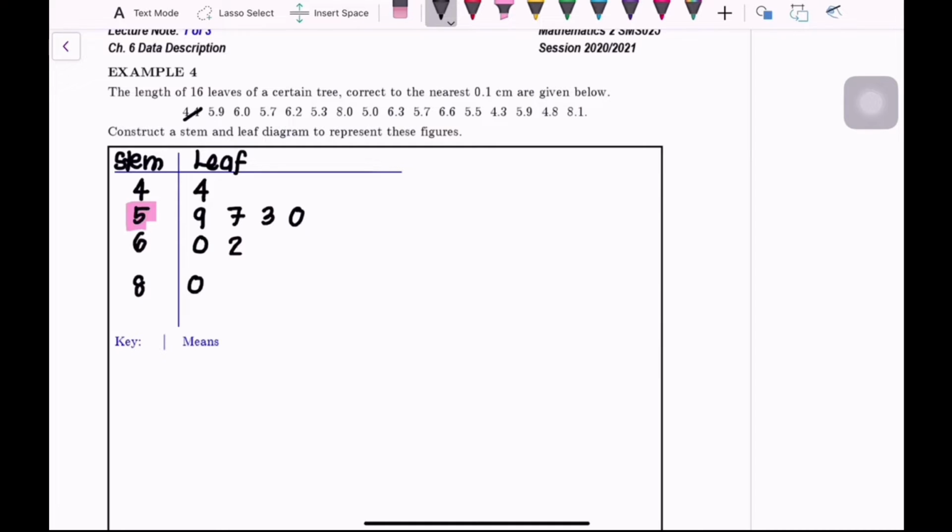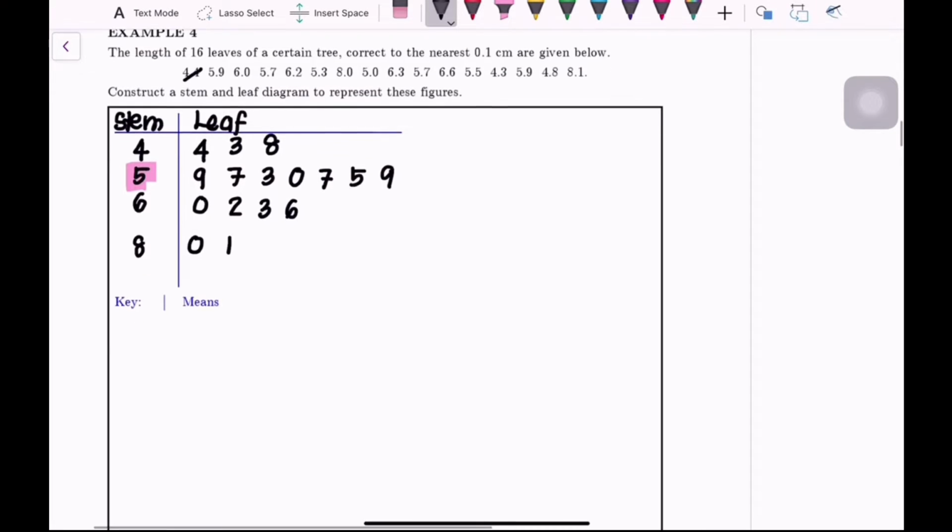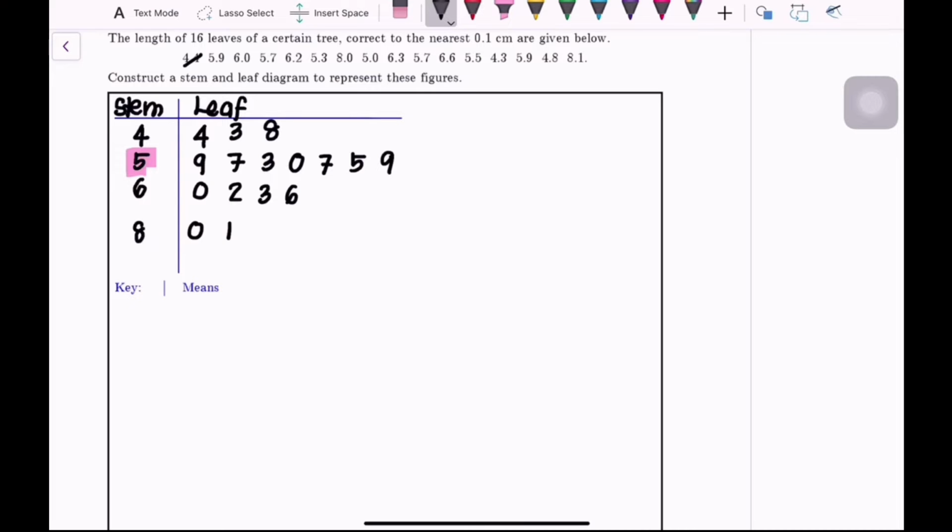For 6.3, we write 3 as a leaf. 5.7, 6.6, 5.5, 4.3, 5.9, 4.8, and the last one is 8.1. Now, we rewrite stem and leaf in ascending order.